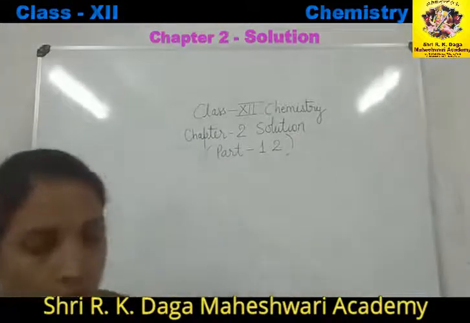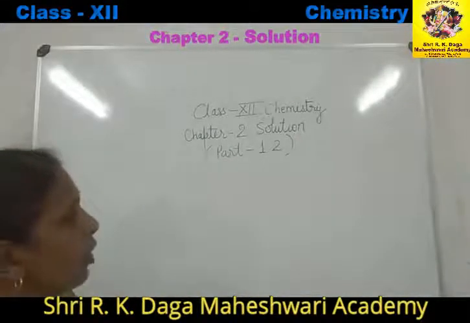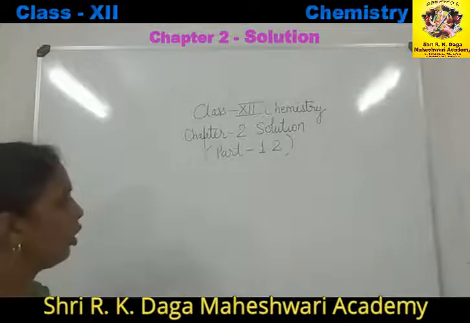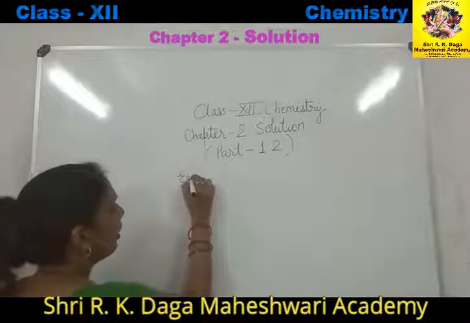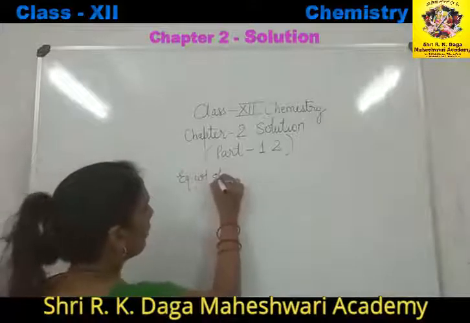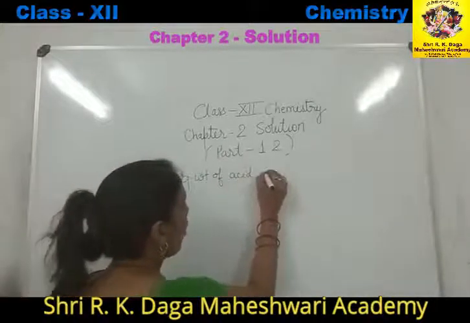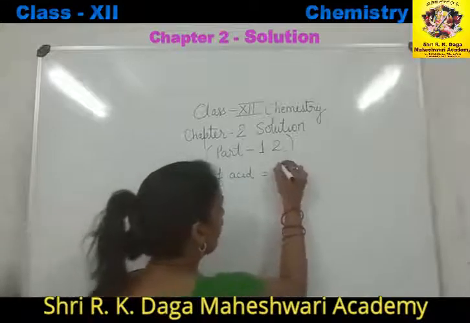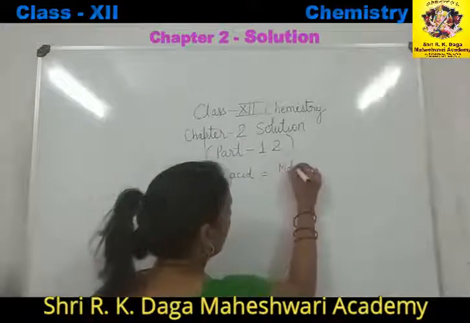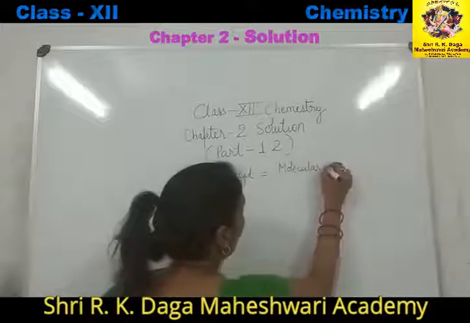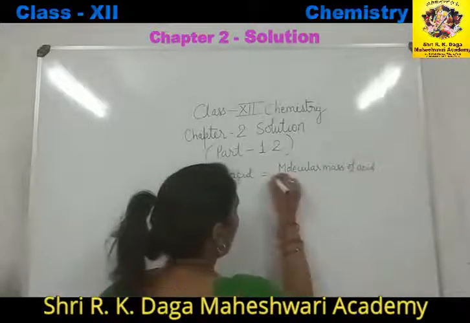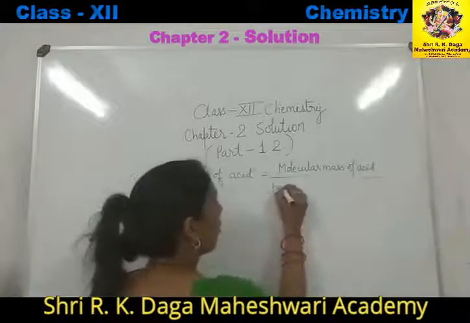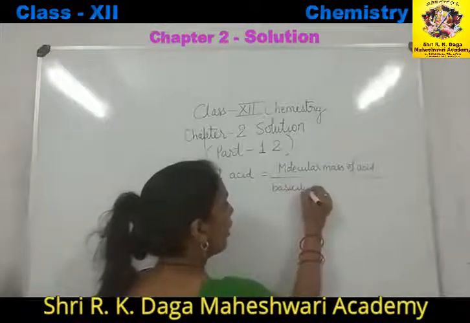There are formulas for calculation of the equivalent mass of the solute. For example, to calculate the equivalent weight of an acid, the formula is molecular mass of the acid divided by basicity. What do you mean by basicity?